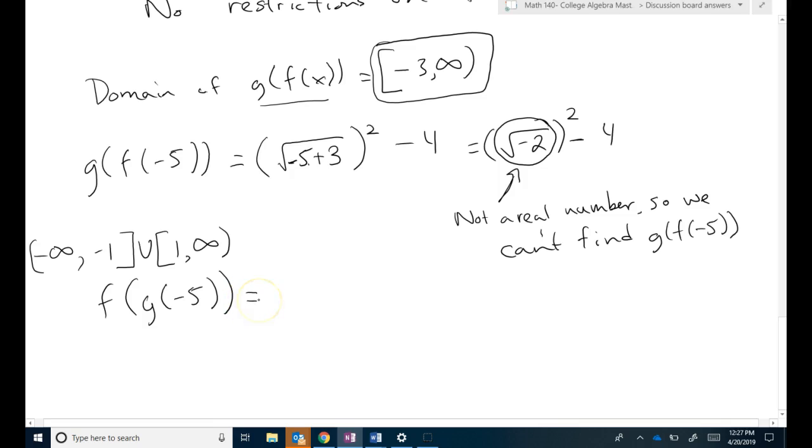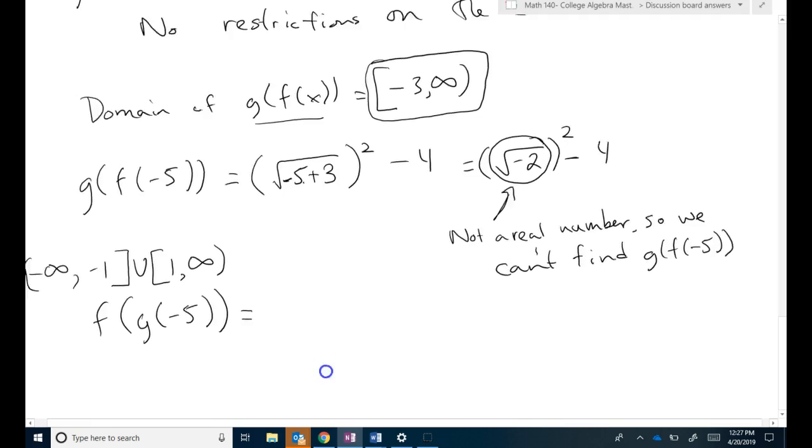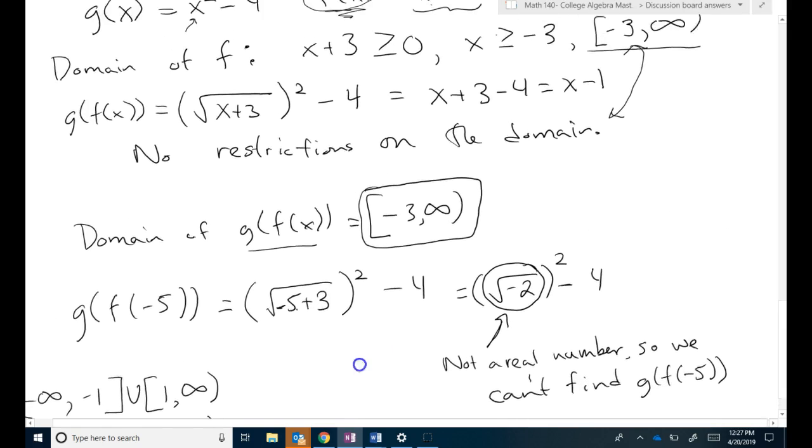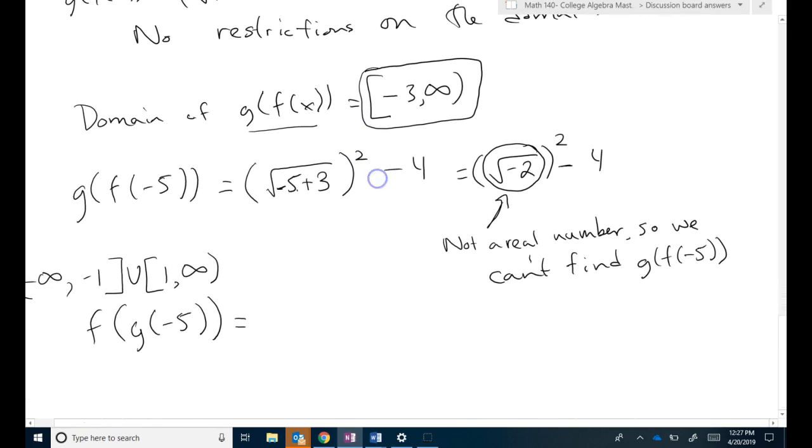Well, let's try it out. So we'll take g of negative 5. First, we'll do g of negative 5. That's going to equal negative 5 squared minus 4, which equals 25 minus 4, which equals 21.